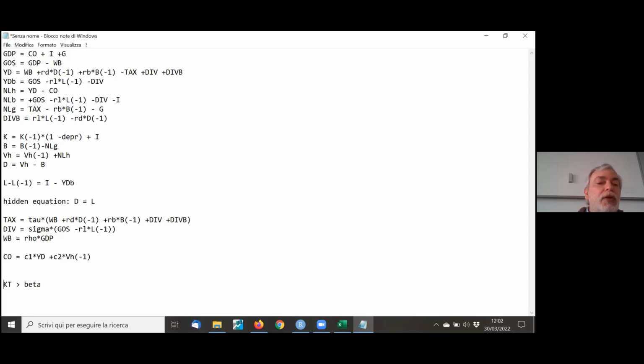So this means that potential GDP should be equal to beta times the total stock of capital. Now, since only a fraction of capital is being used, let's call K use the actual stock of capital.